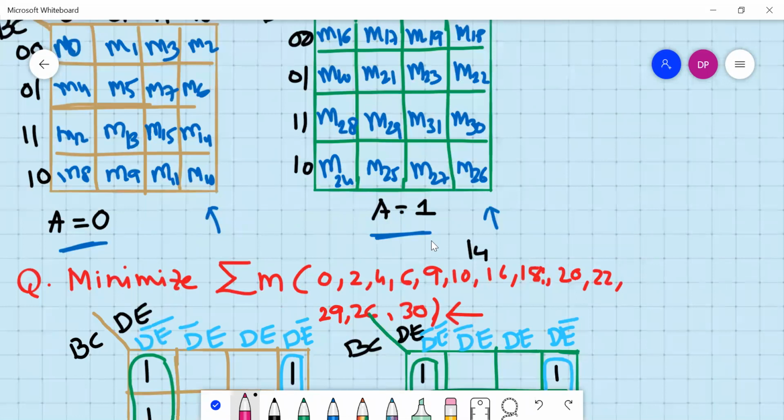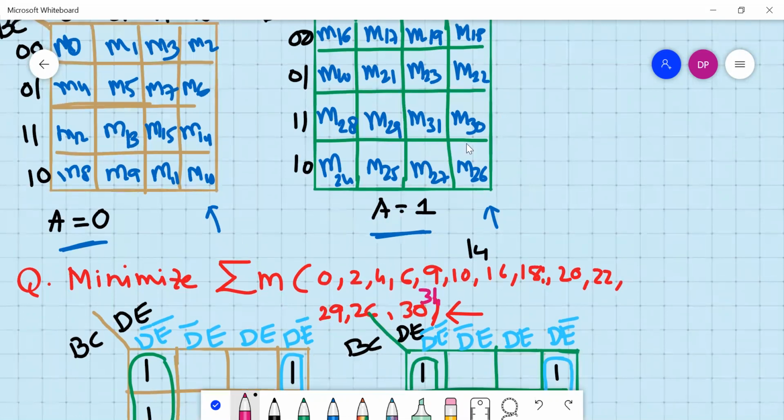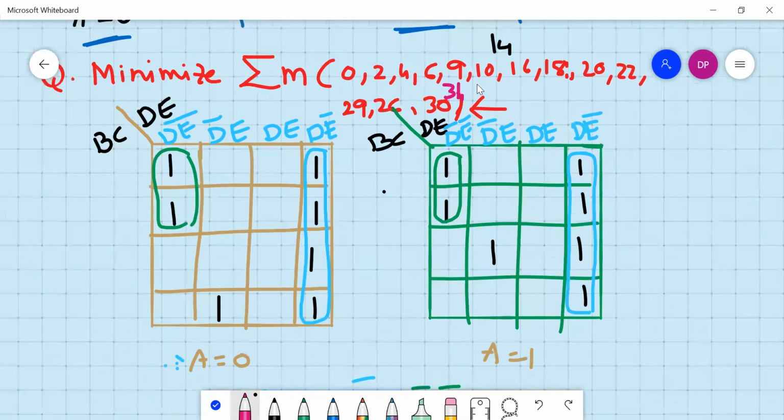So let me add 31 also here. So I'm adding 31 also, right? So what you'll get, you will get a 1 here. Now you say what things can be taken as common. This can be taken as common, only this, right?